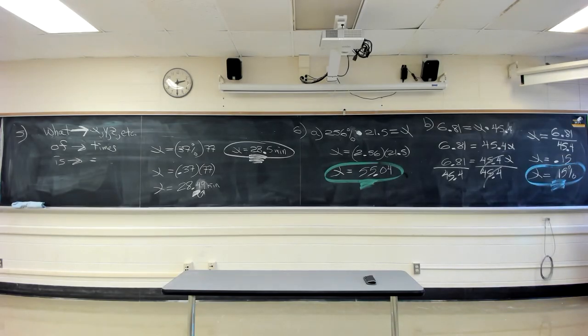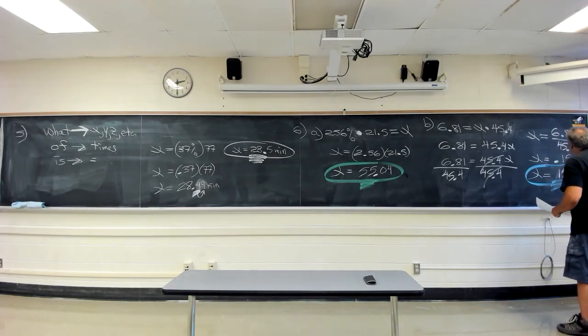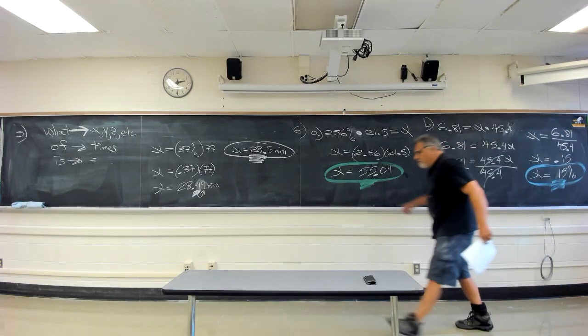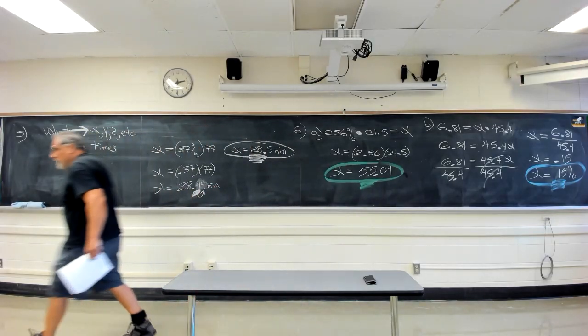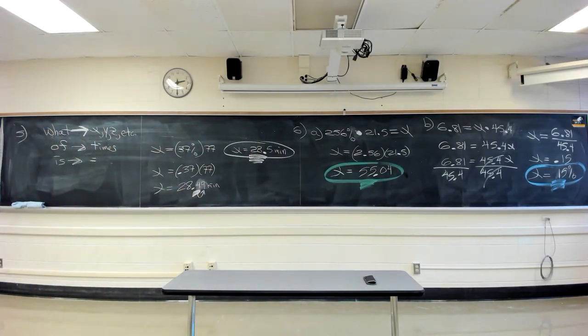So that's it. I mean, let's just confirm. I've looked at the answer key. But 6.81 divided by 45.4, 0.15 it is. 0.15 as a decimal is equivalent to 15%.